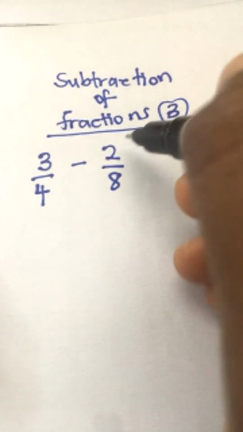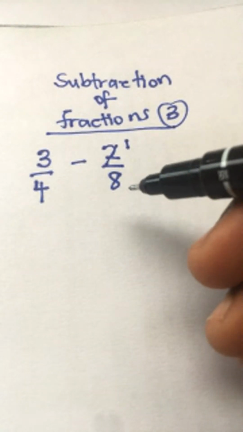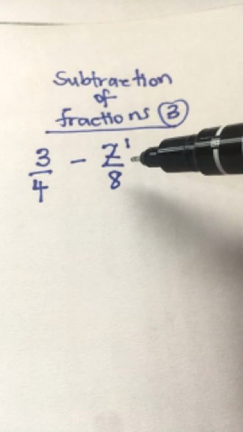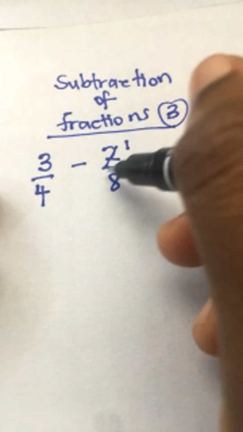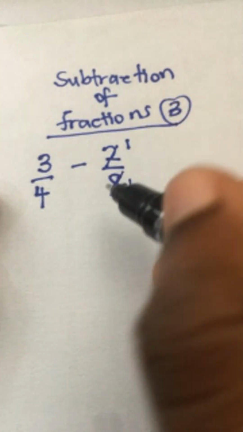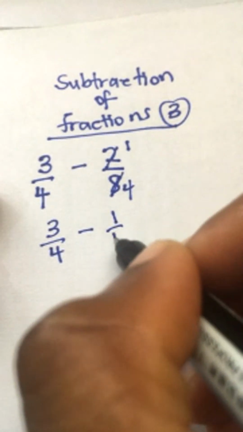So what do we do? These two are even, so 2 can go into itself, unless you have to break it down fast to make it easy for yourself, because if you have to find the LCM, it can be so big. So 2 can go into itself and go into 8 four times. So your fraction is now 3 over 4 minus 1 over 4.